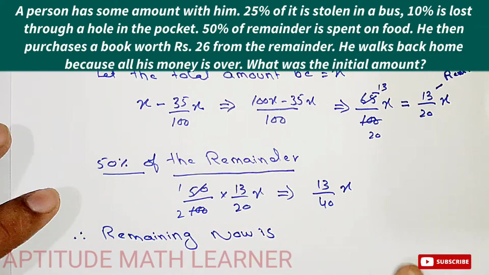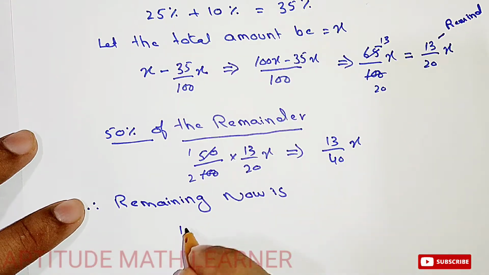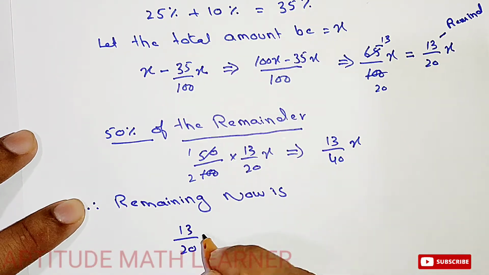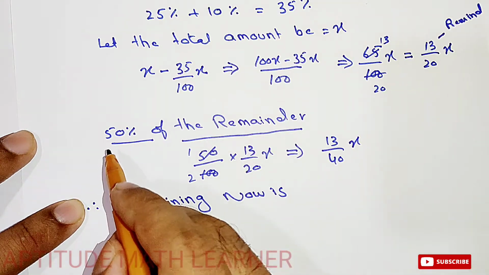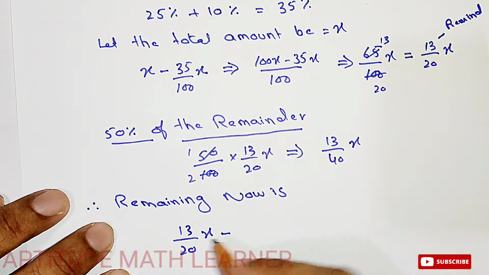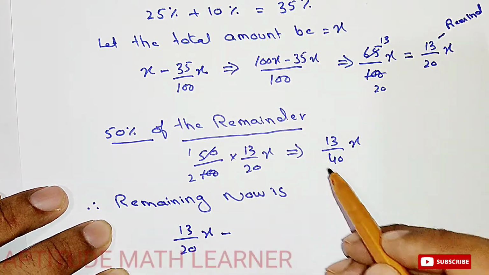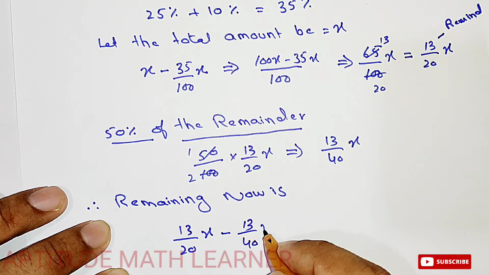The remainder was 13 divided by 20x, and from it we take out 50%, which we found is 13 divided by 40x.